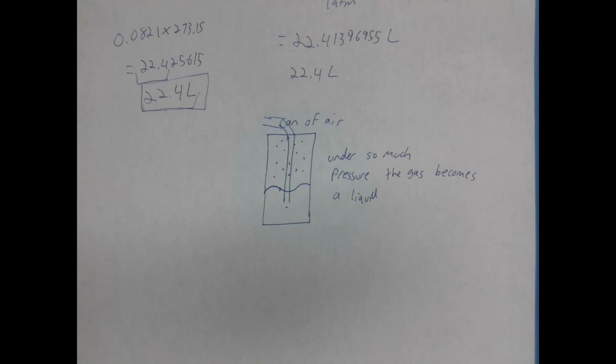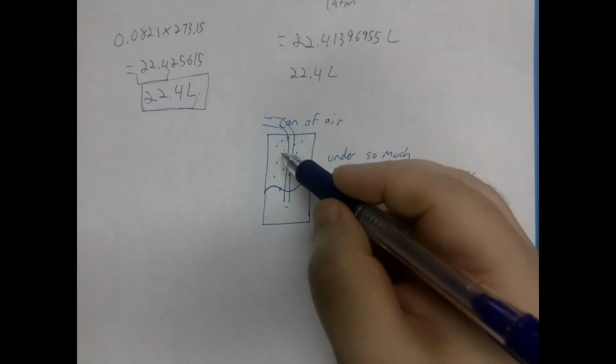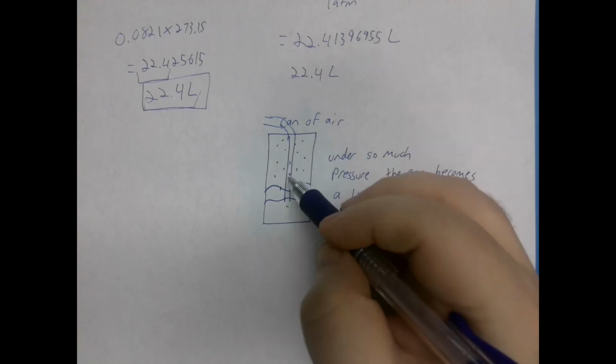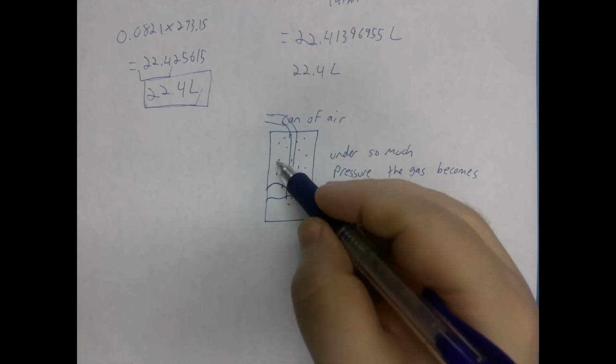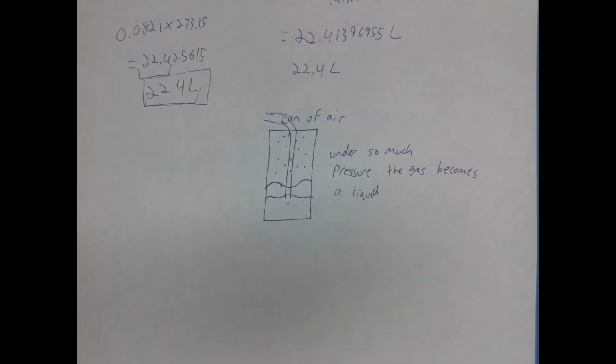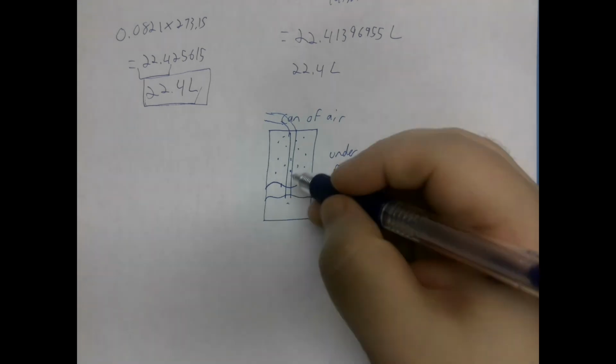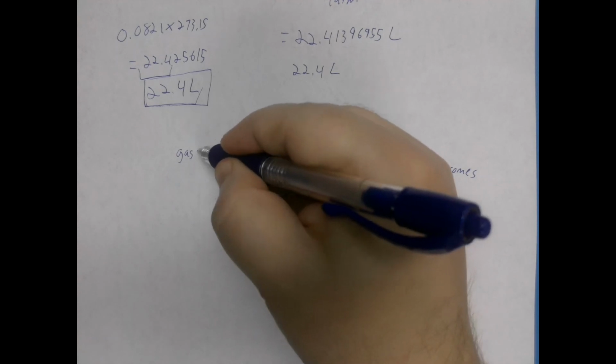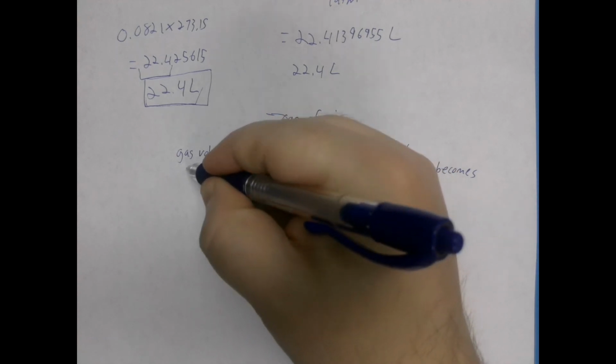When I say volume, I'm only referring to gas. This whole unit is gas. As this liquid gets less and less, what happens to the volume of the gas? It's increasing. So the gas volume increases.